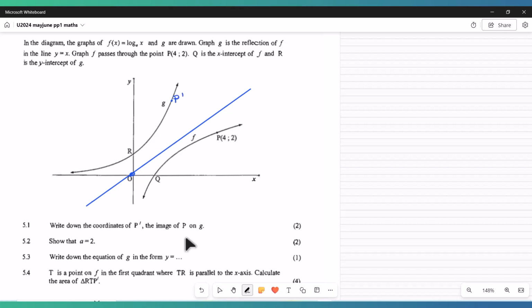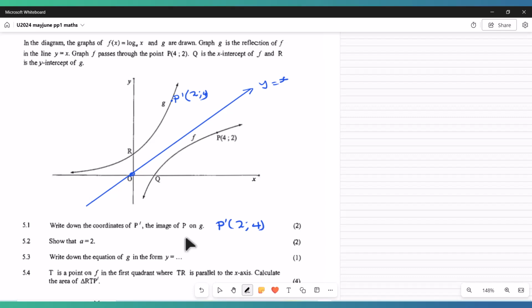So when you reflect P, we swap x and y, so it becomes (2, 4). So our answer is P prime (2, 4), because we said y equals x, we swap the x and y to get our image.